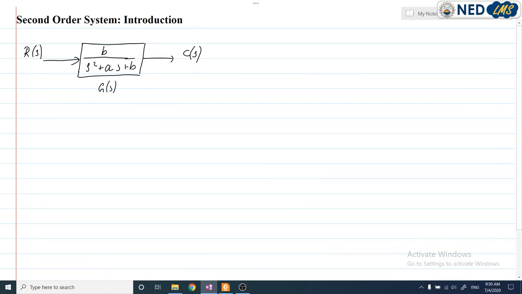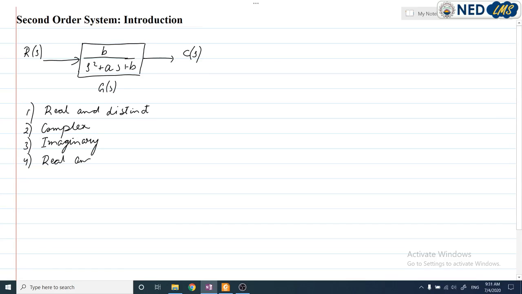The roots may be number 1, real and distinct, or they may be complex in nature, or they may be imaginary in nature, and the last one, they may be real and repeated.